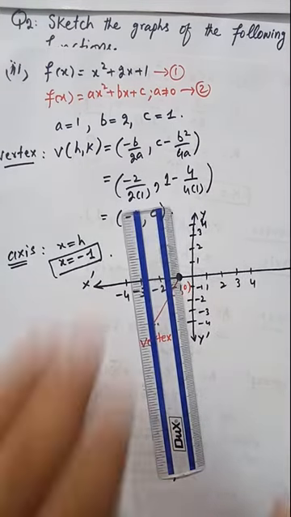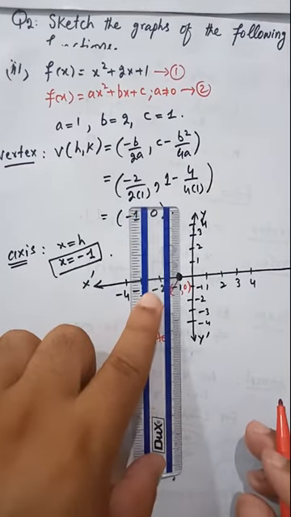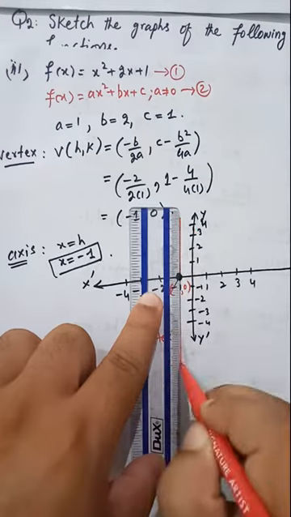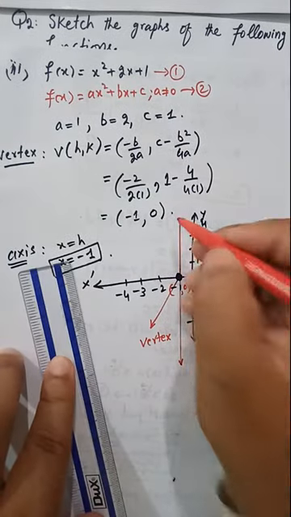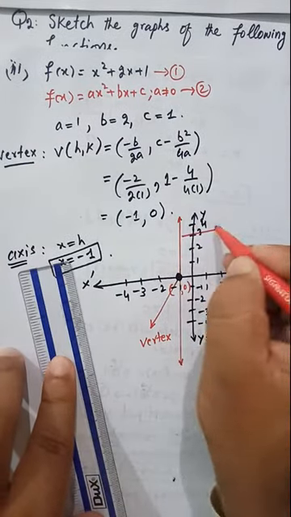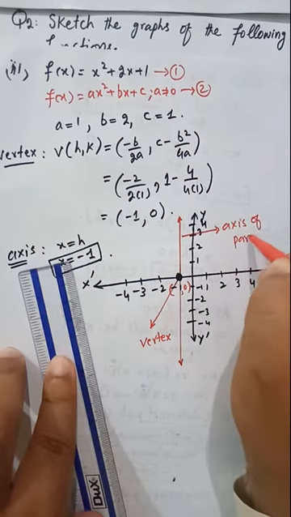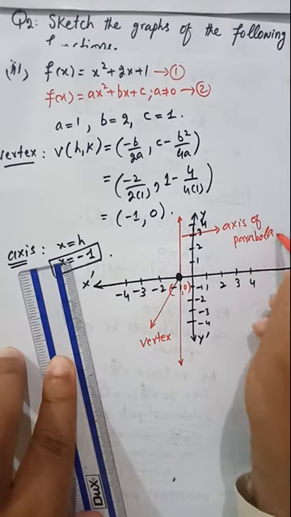So pass a straight line from this. This is my axis of symmetry, or axis of parabola.